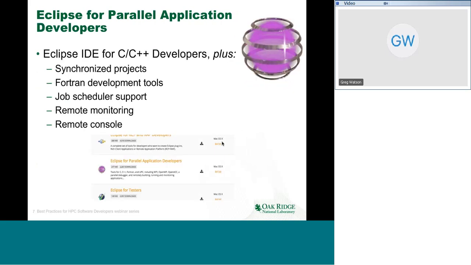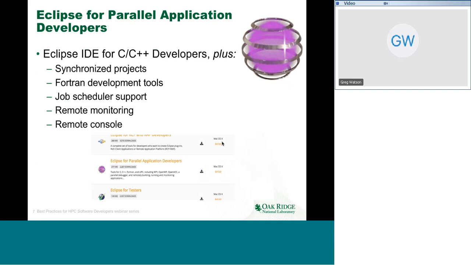The next package is the Parallel Application Developers. So essentially, this package contains everything that the previous package contains, plus it contains some additional functionality that I'll be talking about a little bit today. So this includes the functionality of synchronized projects.